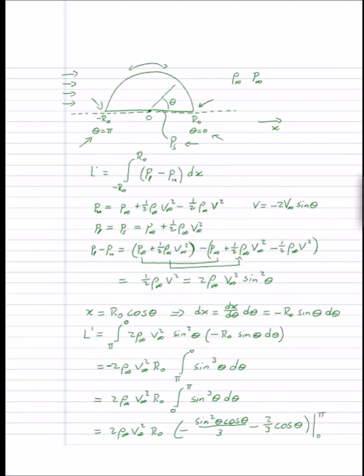Right, so that's the integral we need to evaluate, and so what we get finally for L prime is going to be equal to all those constants that we had before, v infinity squared r0, and we've got 2/3 plus 2/3, which is 4/3, and 4/3 times 2 is 8/3 rho infinity v infinity squared r0.